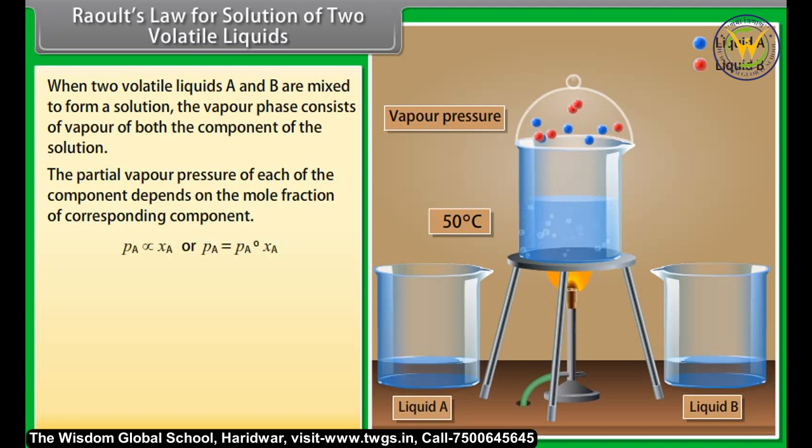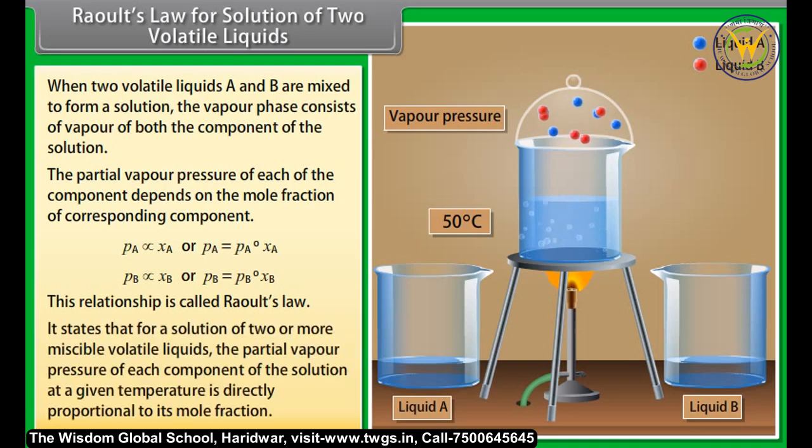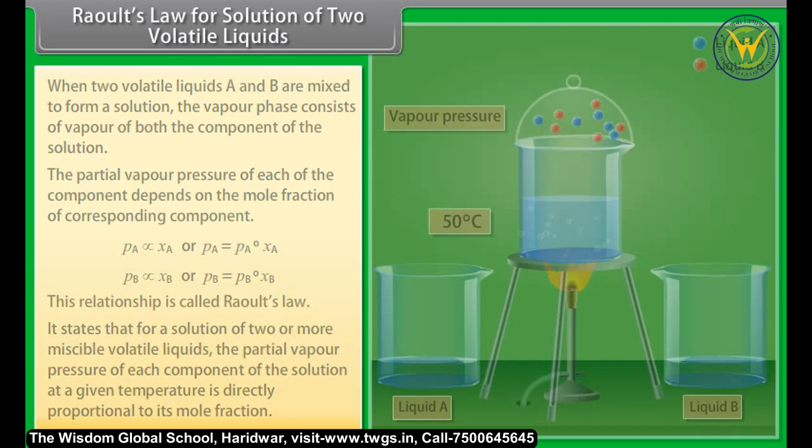PA = PA° XA, and PB = PB° XB. This relationship is called Raoult's law. It states that for a solution of two or more miscible volatile liquids, the partial vapor pressure of each component of the solution at a given temperature is directly proportional to its mole fraction.